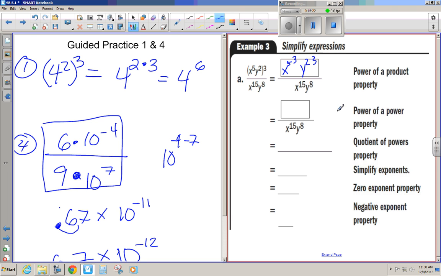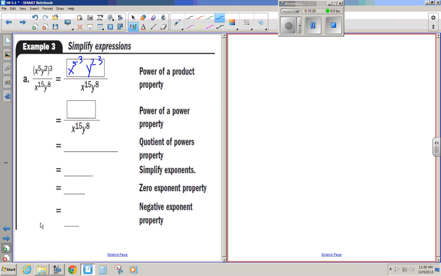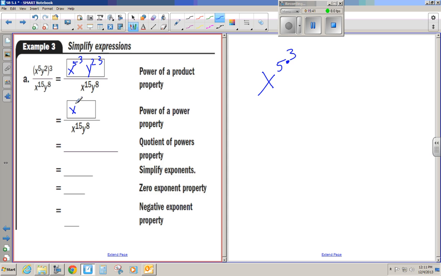When we do the power of a power property, x to the 5th cubed means we multiply, and you end up with x to the 15th. Y squared cubed, you multiply, you end up with y to the 6th.